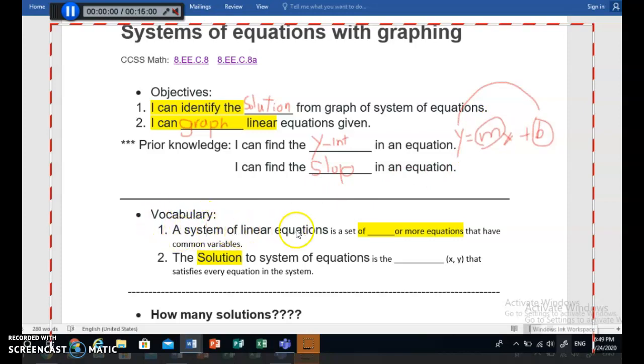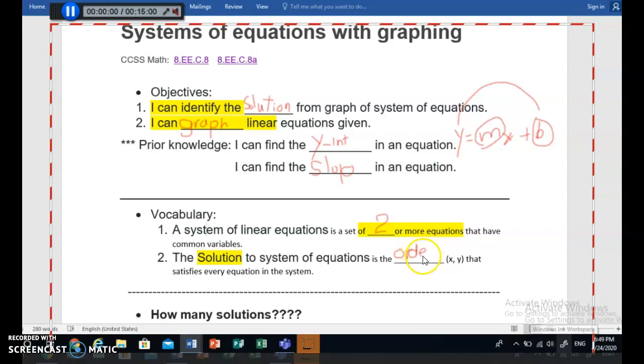A system of equations is a set of two or more equations that have common variables. The solution to a system of equations is the, okay, now guys, what is this, with the parentheses, x, comma, y? Do you remember this term?